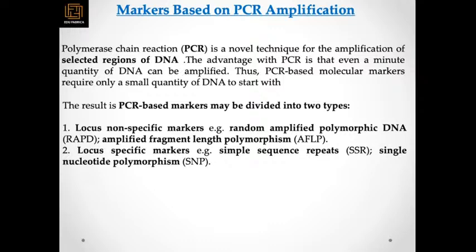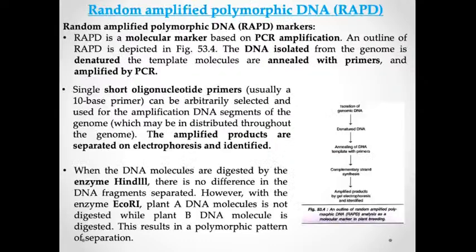We amplify one part. Within these PCR-based markers, they divide into two parts: locus non-specific and locus specific. Locus non-specific comes under two different types, that is RAPD and AFLP, whereas the specific markers are SSRs and SNPs.